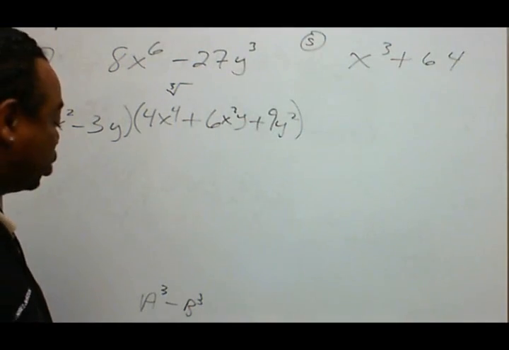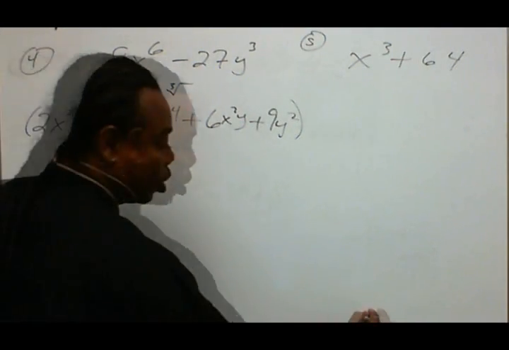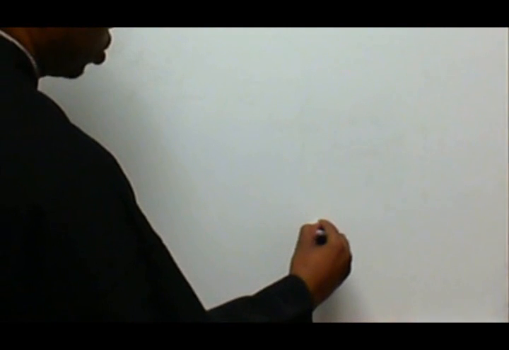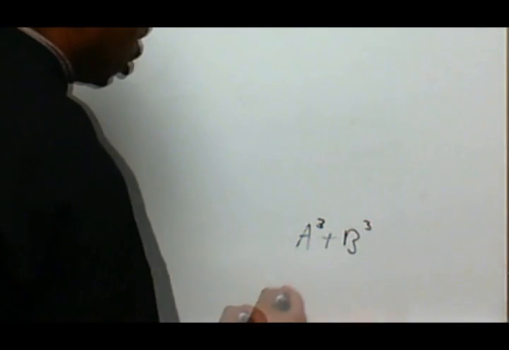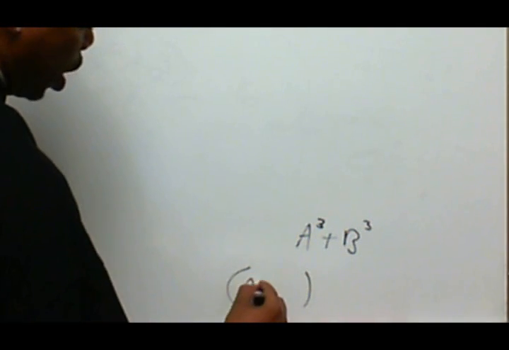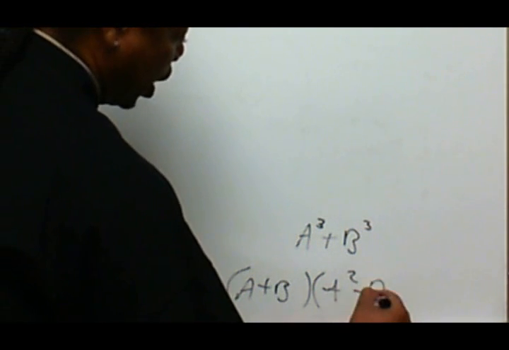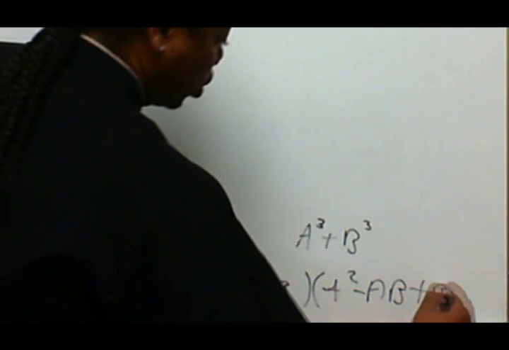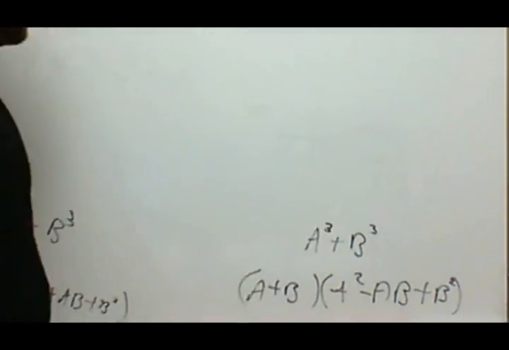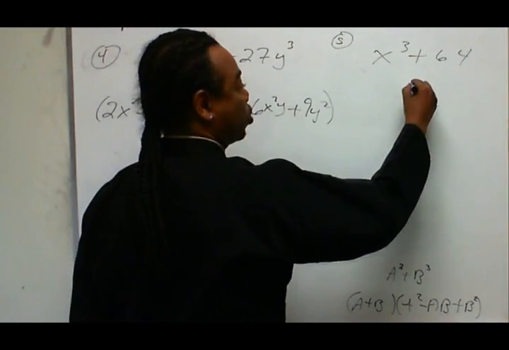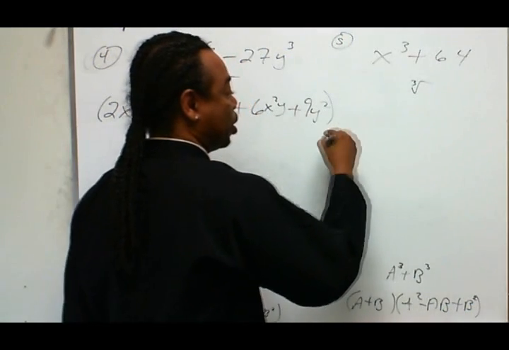This next one fits the property of the sum of two cubes, which is factored into a plus b times a squared minus a times b plus b squared. Okay, so we'll run all of these through a cube root and simplify.